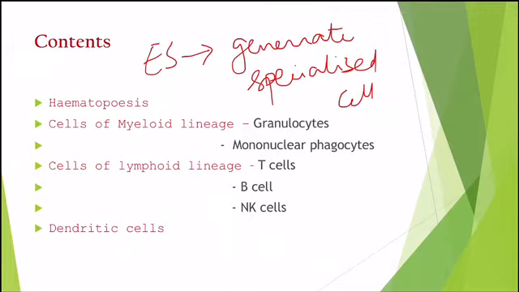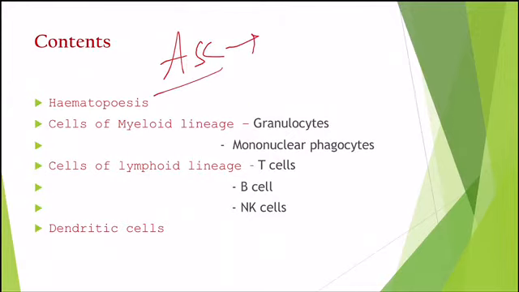There is another category of stem cells called adult stem cells, which are called ASC. They have the capacity to give rise to cell types which are specific to a particular tissue or cell. That means adult stem cells are already committed to form a specific cell type.